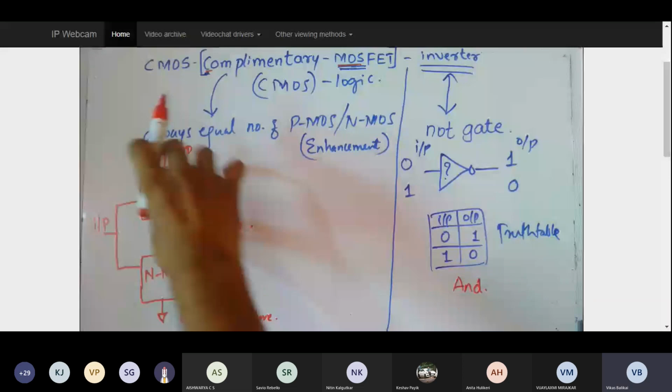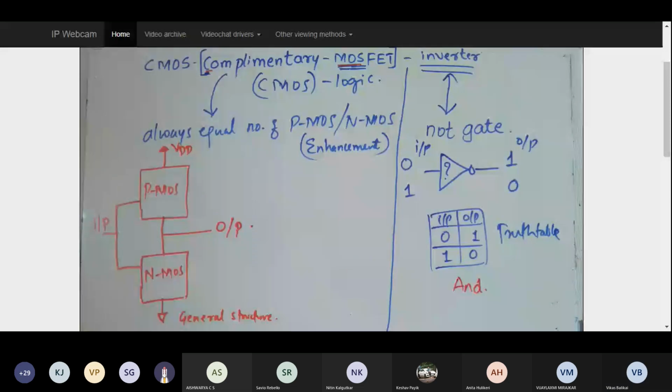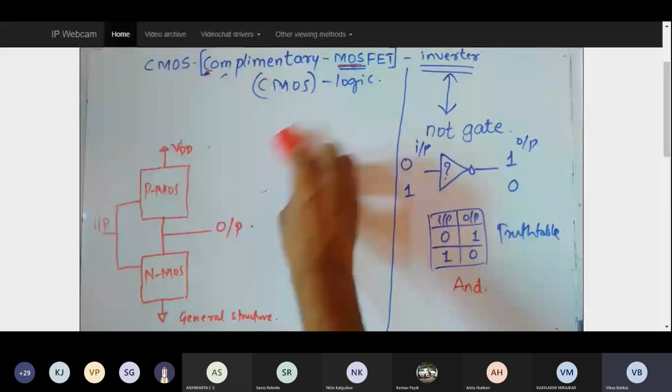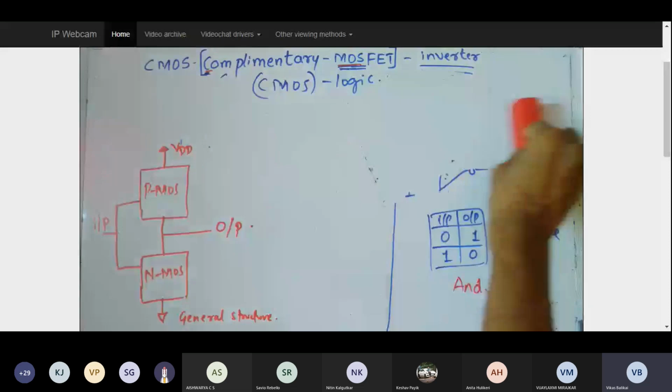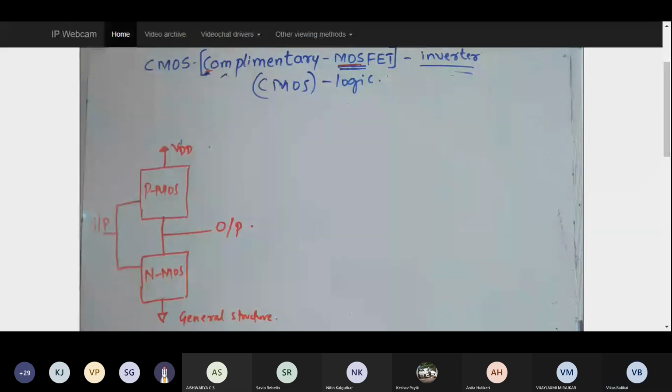So if that is the case, let us try to understand how exactly my circuit looks. Of course there is a process to draw the circuit, but because we are not in a state to understand that process, as it is a very advanced level of understanding, I'm just going to give you the circuit, how exactly my inverter logic looks.